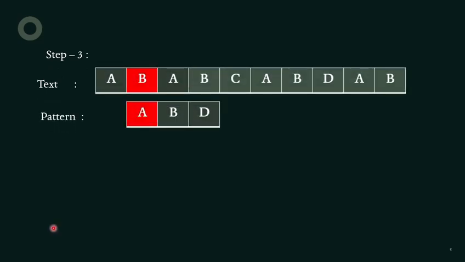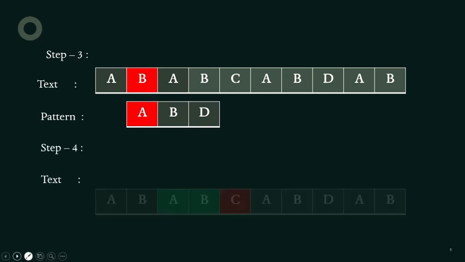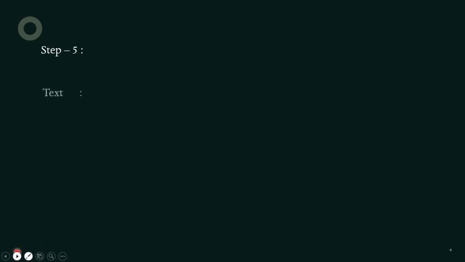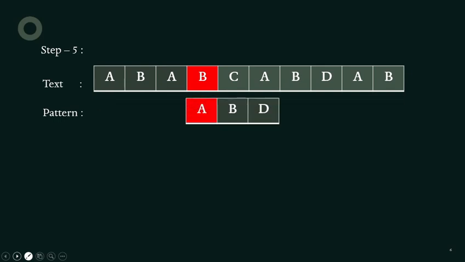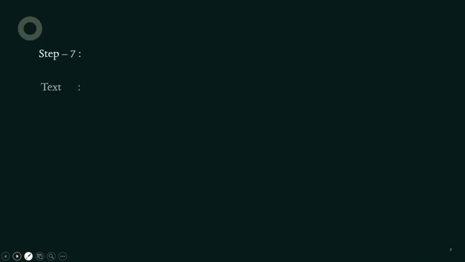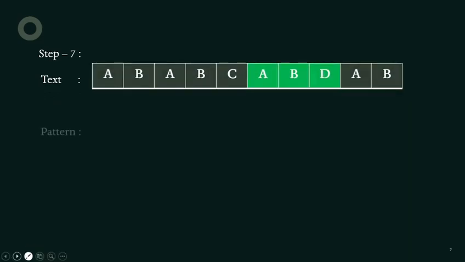And here we can see the first character itself goes wrong, and then next, here it is the third one, and then next, here it goes wrong in the first, and likewise, we found the pattern in the string.